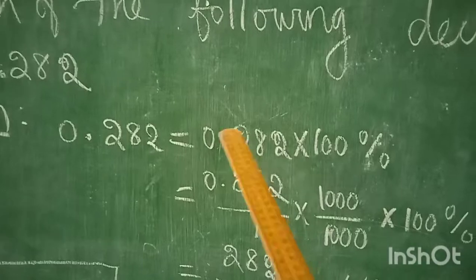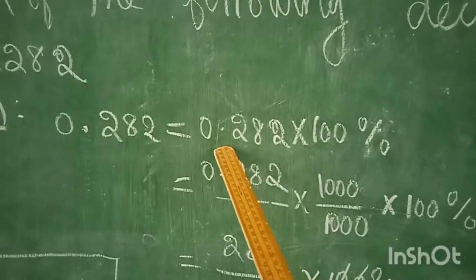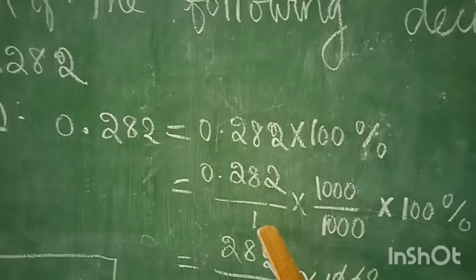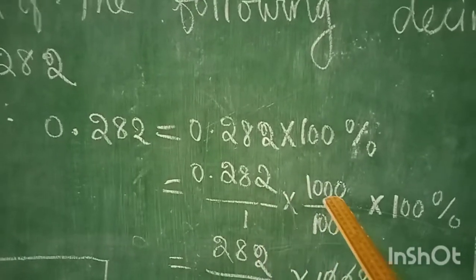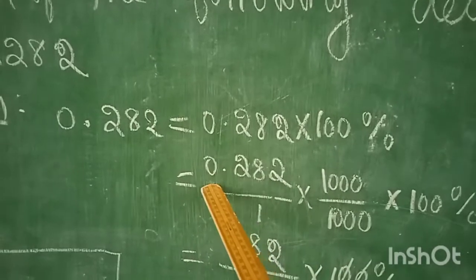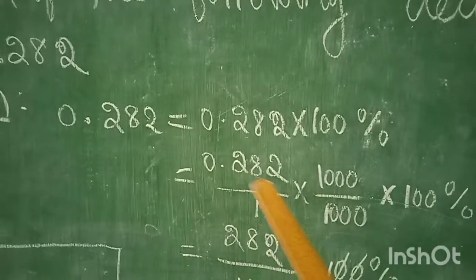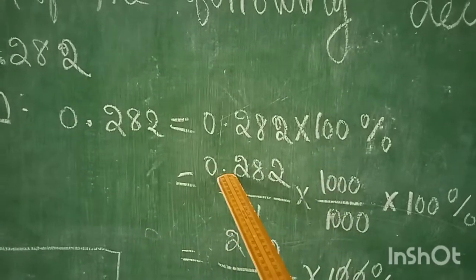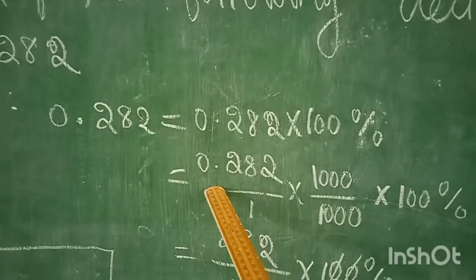So we have to remove this decimal point. For that we are going to multiply both numerator and denominator with 1000, because here after 3 places only the decimal point is there. So if you multiply with this 1000 only, we can remove this decimal point.